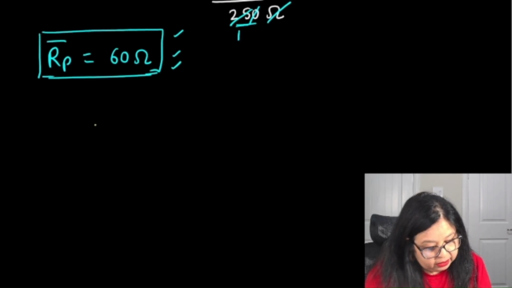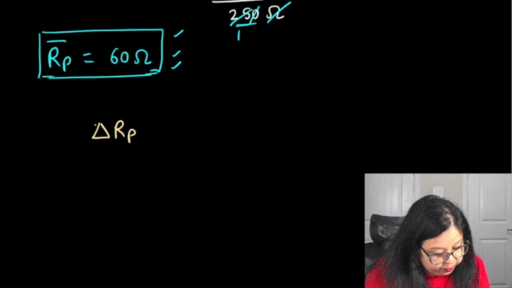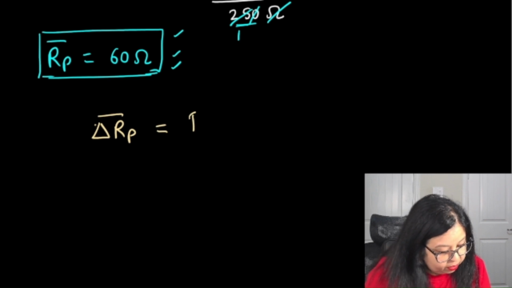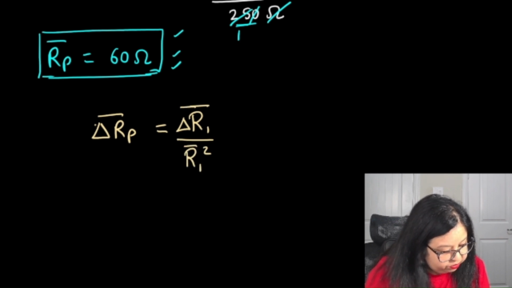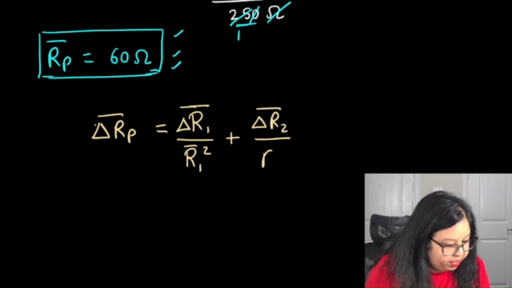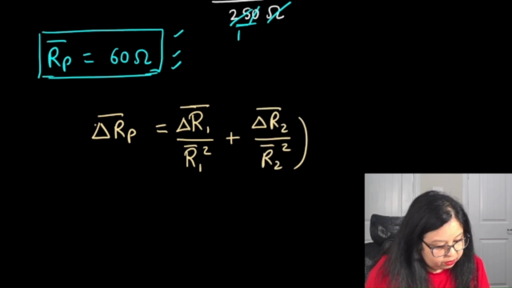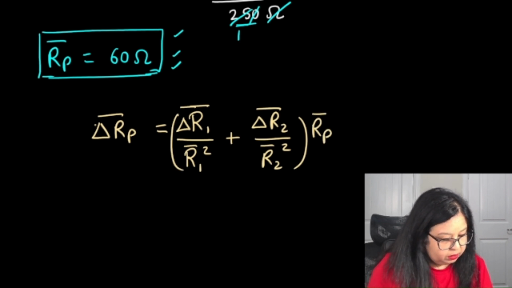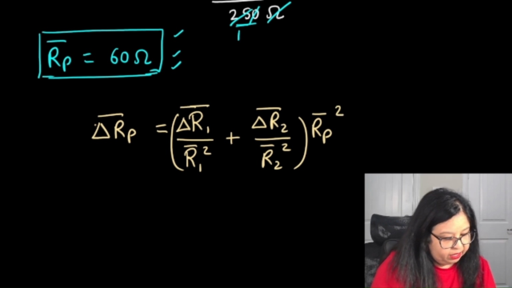So we're saying that delta RP bar equals delta R1 bar divided by R1 bar squared, plus delta R2 divided by R2 bar squared, times RP equivalent, and that's going to be squared as well.